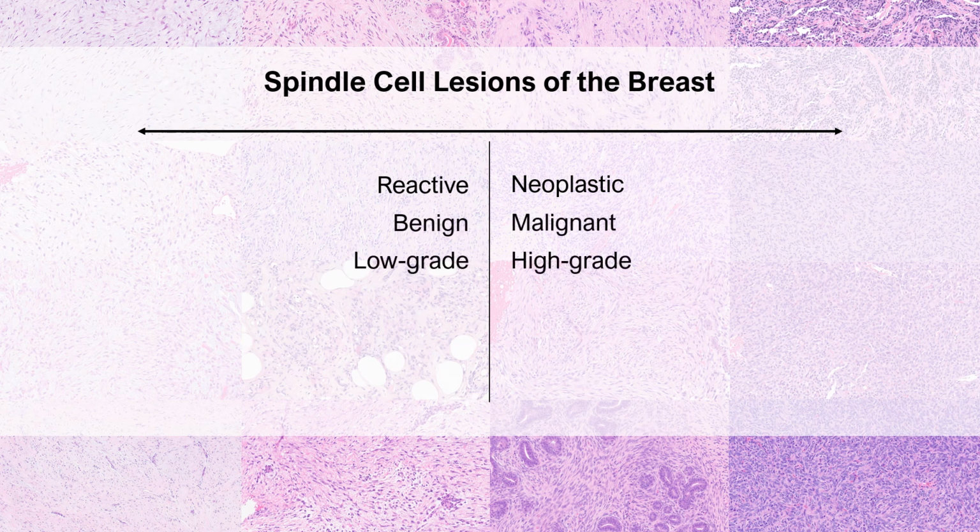We see both low and high-grade processes, and these may be entities that occur specifically in the breast, or processes that can arise anywhere in the body, including the breast. For the latter category, we must also contend with whether the sampled tumor represents primary or secondary involvement. For the latter, this could either be in the form of local direct extension or metastatic spread.